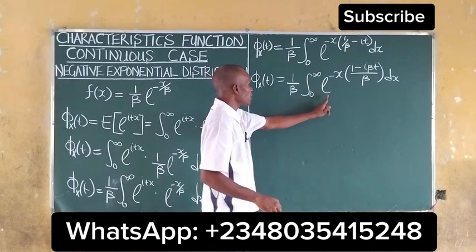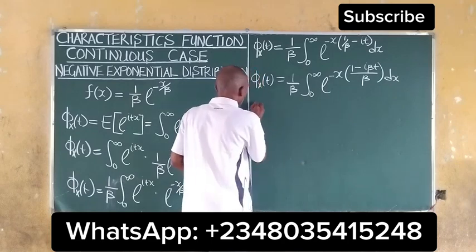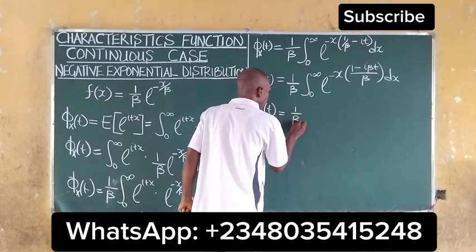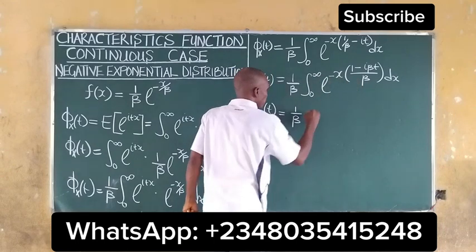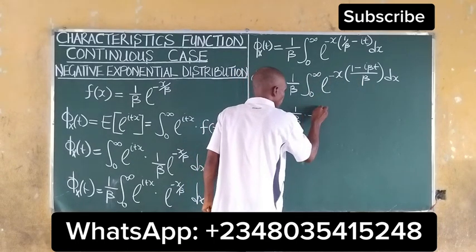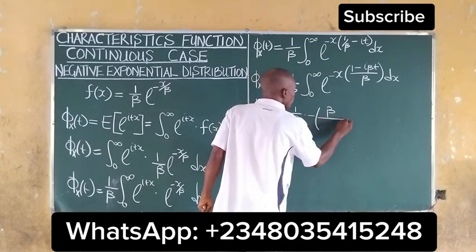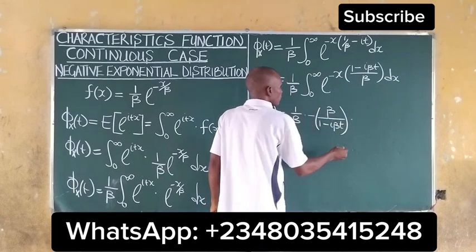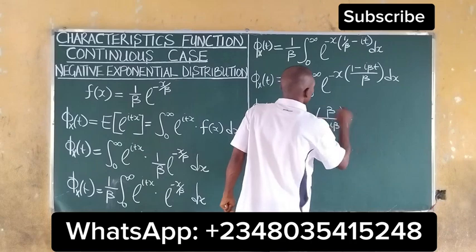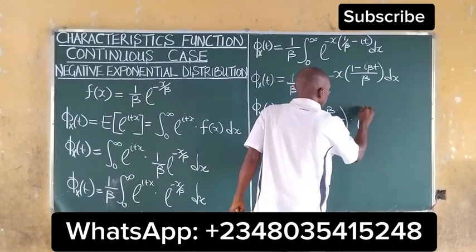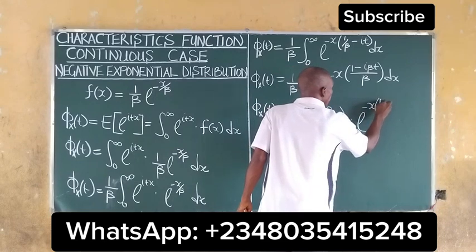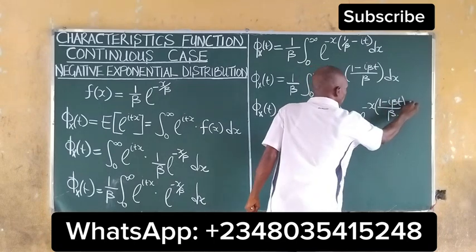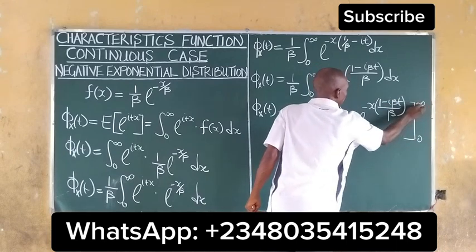The next thing to do is to take the integral of this, which will give us our characteristic function equal to 1 all over beta. If we take the integral of this, we have multiplied by negative beta all over 1 minus i beta t, multiplied by e^(-x(1 - i beta t)/beta), and we take our limits.